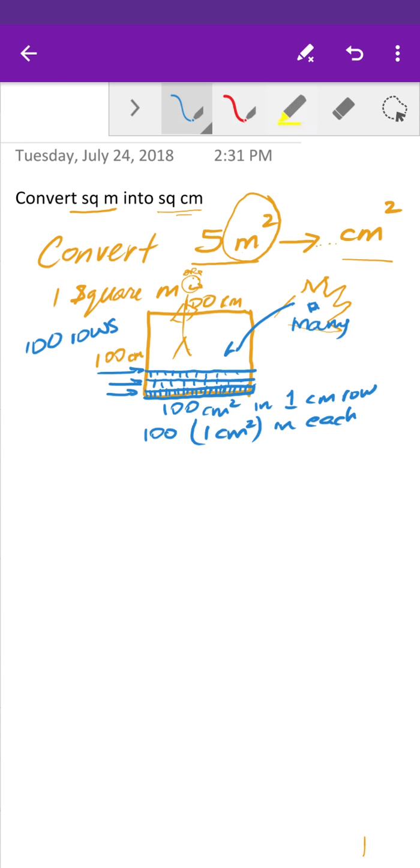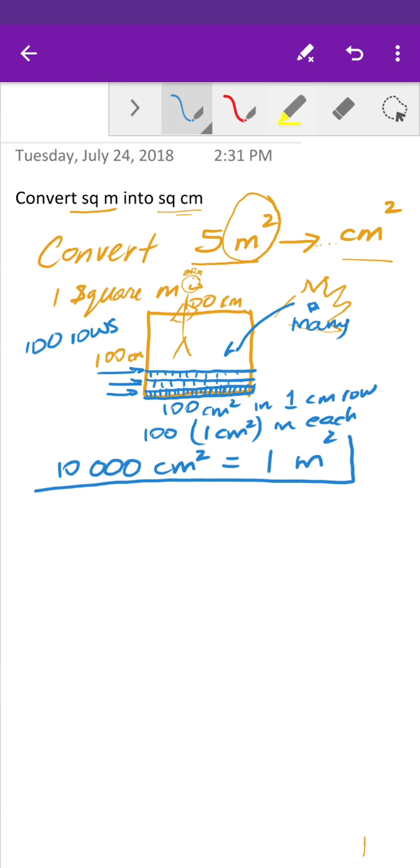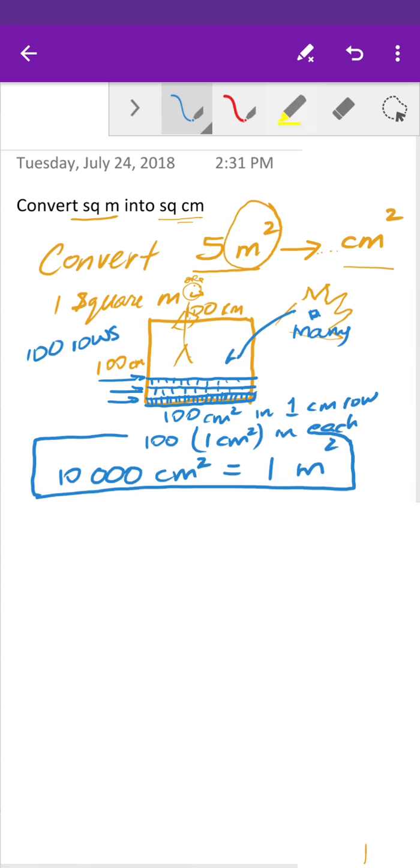So there is in fact 10,000 square centimeters in 1 square meter, and that's very important to know. I'm just going to put that in a rectangle here. This is like a conversion factor. It's good to know that 10,000 square centimeters is 1 square meter.